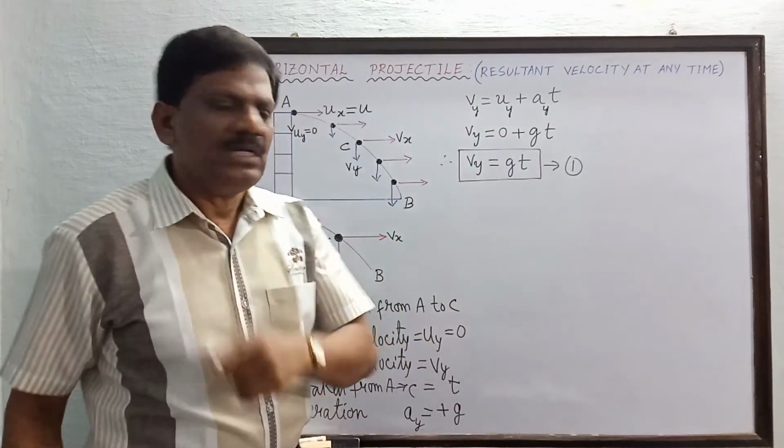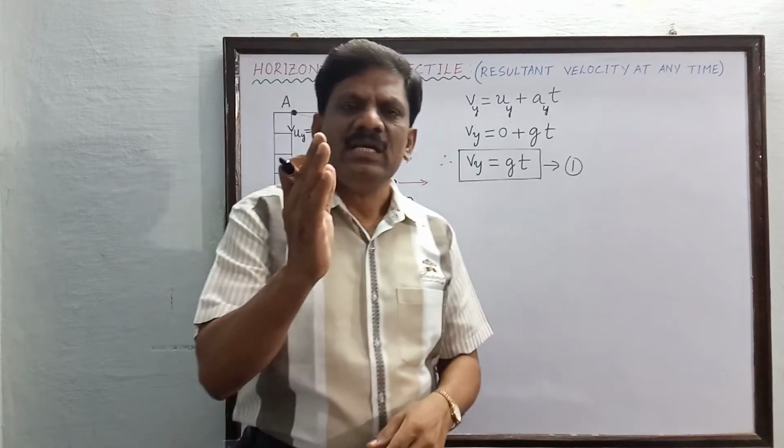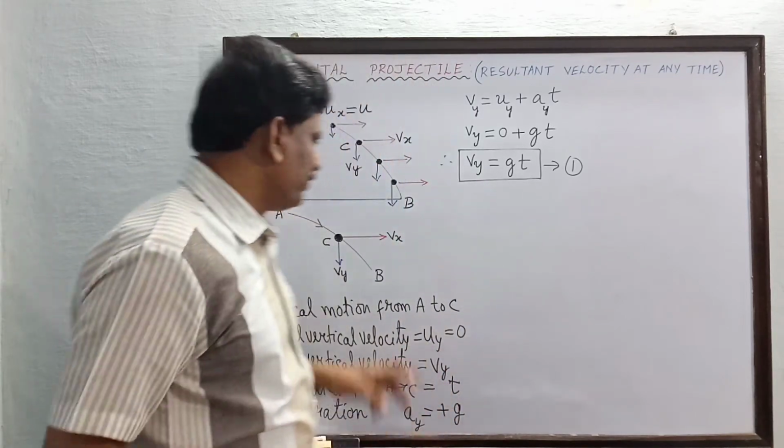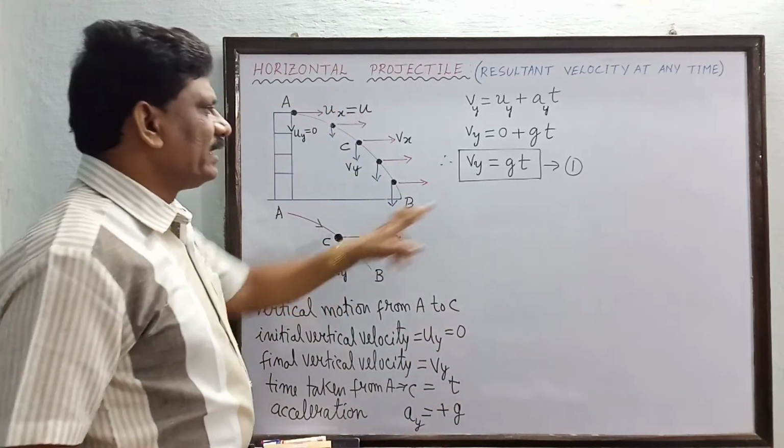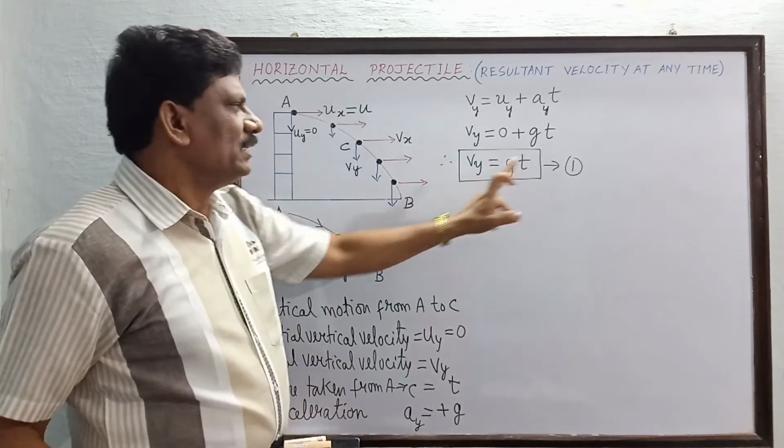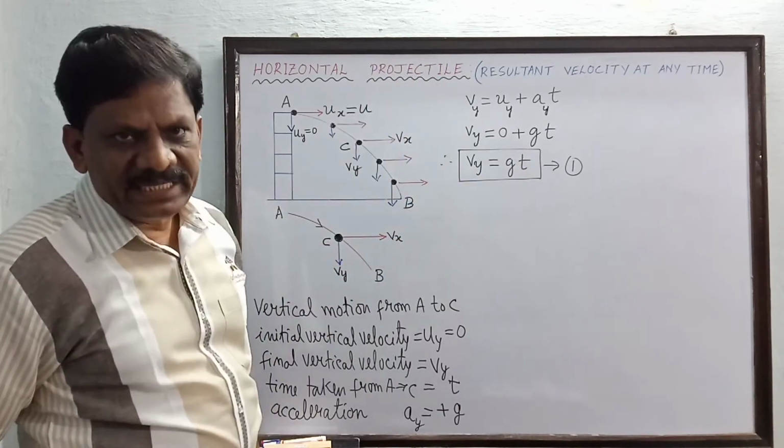Have you understood? So, what is the velocity of the projectile at point C after a time interval t? That is Vy equal to gt.